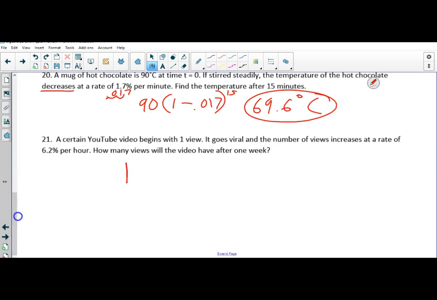A certain YouTube video begins with 1 view. It goes viral and increases, so that's going to be plus, at a rate of 6.2%, that's 0.062. 1 week later, remember it was per hour, so we need to take 24 hours in a day times 7 days.